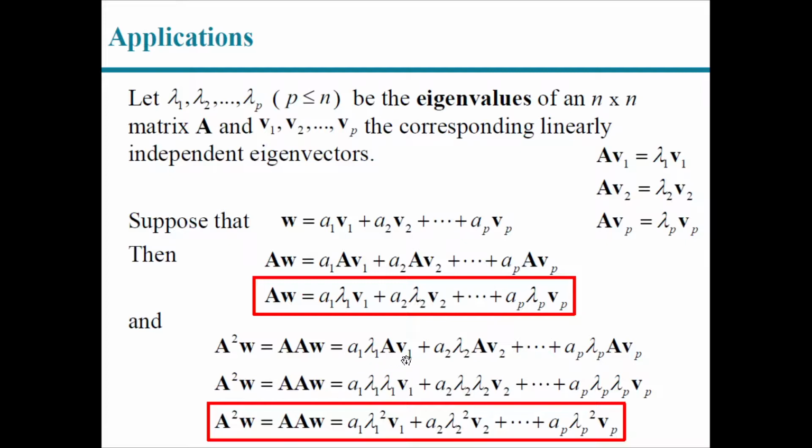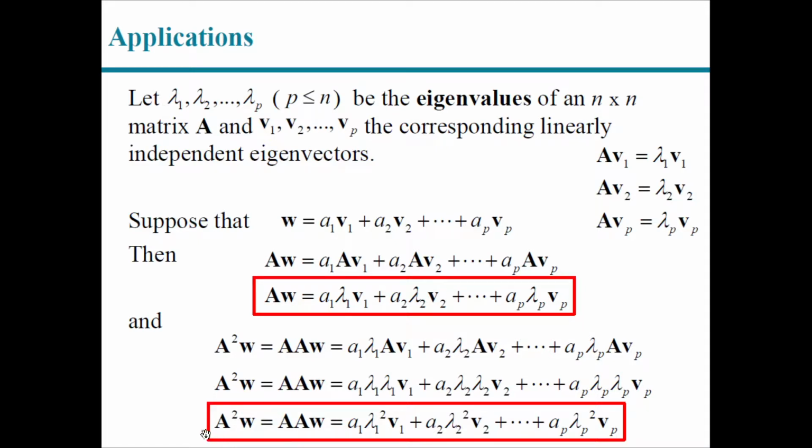A v1 obviously is lambda 1 v1, A v2 is lambda 2 v2, A vp is lambda p vp. It's from the definition. So what happened is that I have a1 lambda 1, so lambda 1 squared times v1, plus a2 lambda 2, so lambda 2 squared v2.